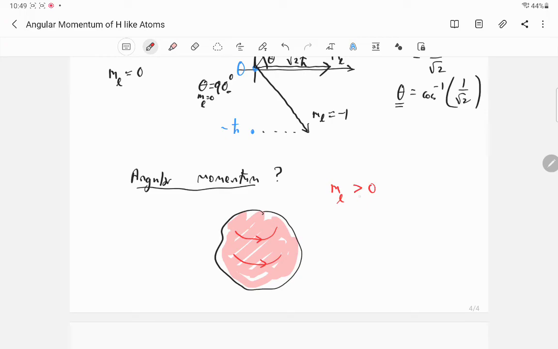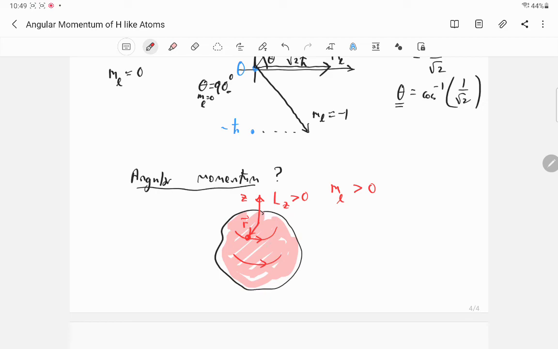It's not 0, and I'm saying it's positive because if this is the z direction, this is actually the L_z component, just by the right-hand rule, right? If you calculate r cross p for my electron swirling towards the right, and here is the little r vector, right? So you imagine r cross p with a right-hand rule, and you'll get an upwards angular momentum vector. So that means the L_z component is bigger than 0, which indicates that m_l is also bigger than 0.